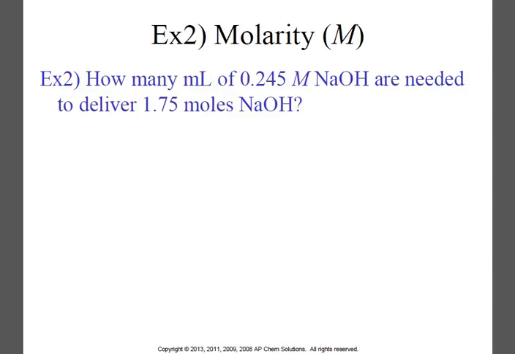All right, the next question says how many milliliters of this molarity sodium hydroxide are needed to deliver 1.7 moles of sodium hydroxide. All right, so let's think about the question. We have a solution of sodium hydroxide that's already made, so it's already in the bottle, inside the water, in the liquid form, and we want to get 1.7 moles of sodium hydroxide from this solution.